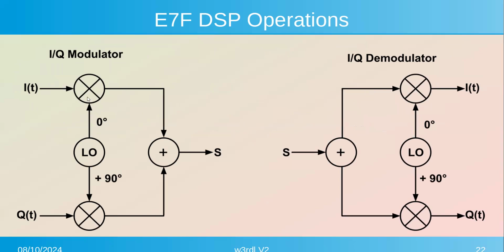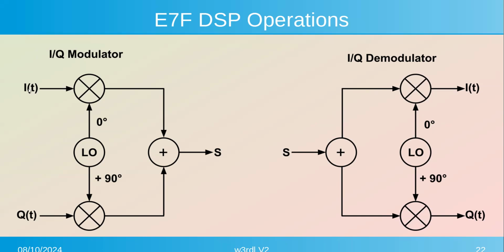This is kind of showing how you do it digitally, where you have the equivalent of a mixer, which is really a product. So you're comparing the generated local oscillator signal, which is also done digitally. You're synthesizing the sine wave in the digital domain and comparing it with the I and Q, which are shifted.